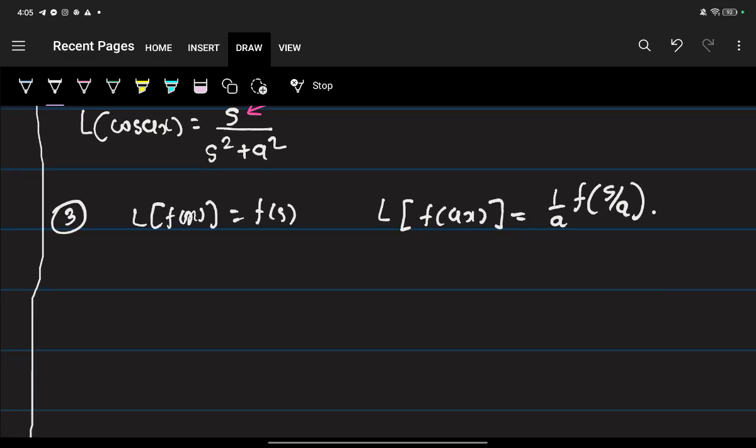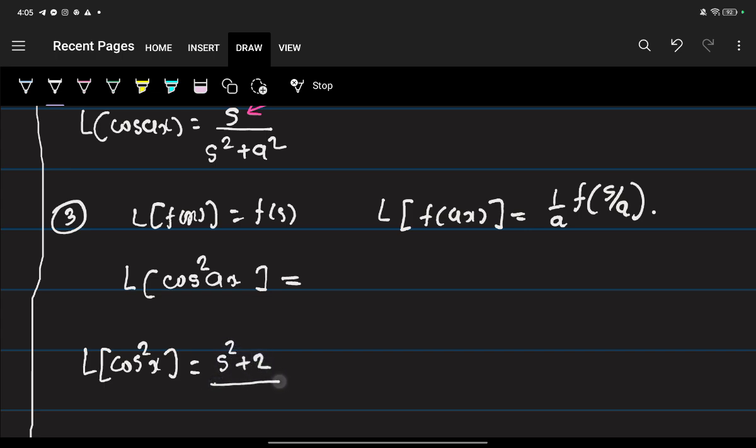So let's see, for example, what's the Laplace transformation of cos square ax? First of all, you need to find out the Laplace transformation of cos square x. Remember, the Laplace transformation of cos square x is s square plus 2 divided by s times s square plus 4.